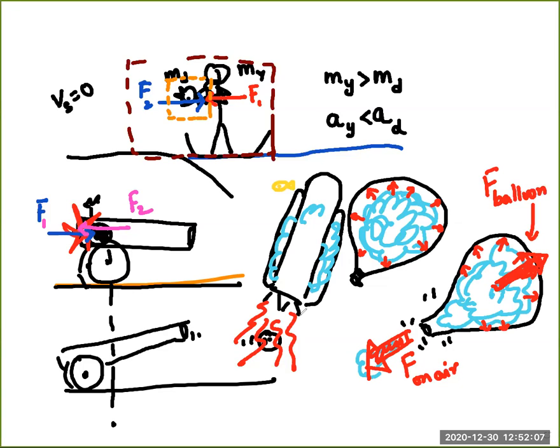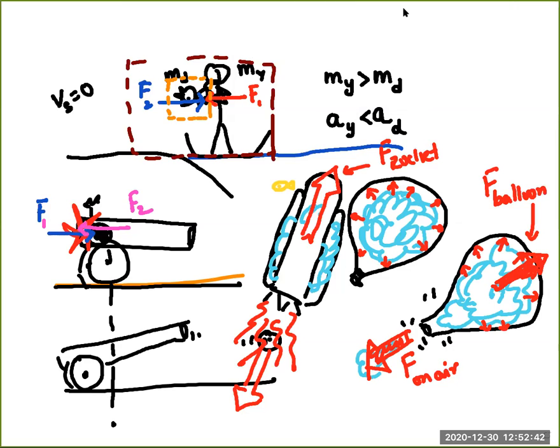They move faster. Because of this, there is going to be a force on the rocket in this direction, and the gases experience a force in this direction. So this force, which is the force on the rocket, accelerates it forward. So these are some of the examples by which the third law makes things happen around us.